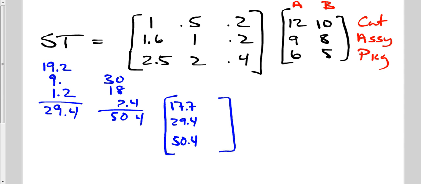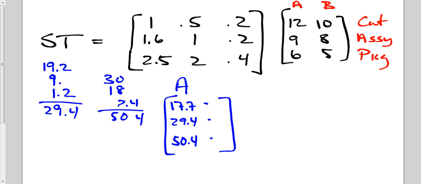Small, medium, or large. So the rows mean small, medium, or large, is what you're saying. Plant A is the column, right? That's plant A. Its cost is $17.7 to cut a small boat. Not just to cut a small boat, but to assemble it and to package it, right? These are the wage requirements for a small boat at plant A.